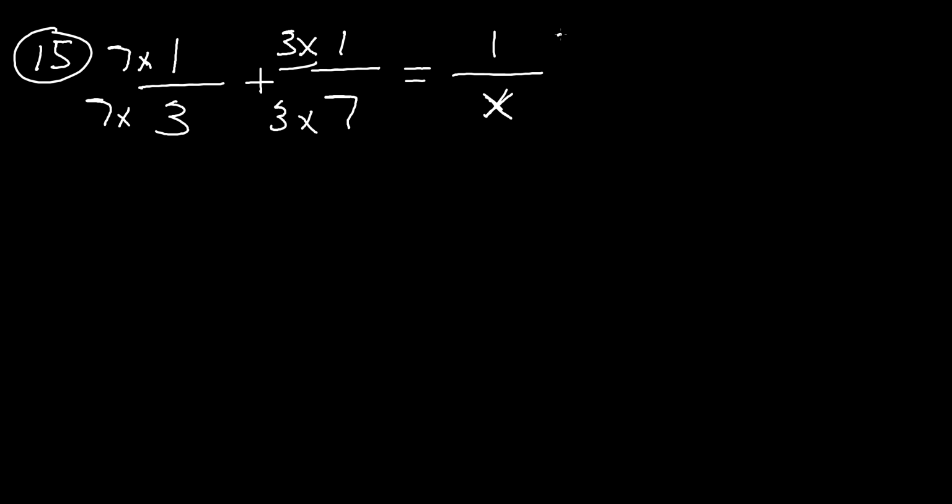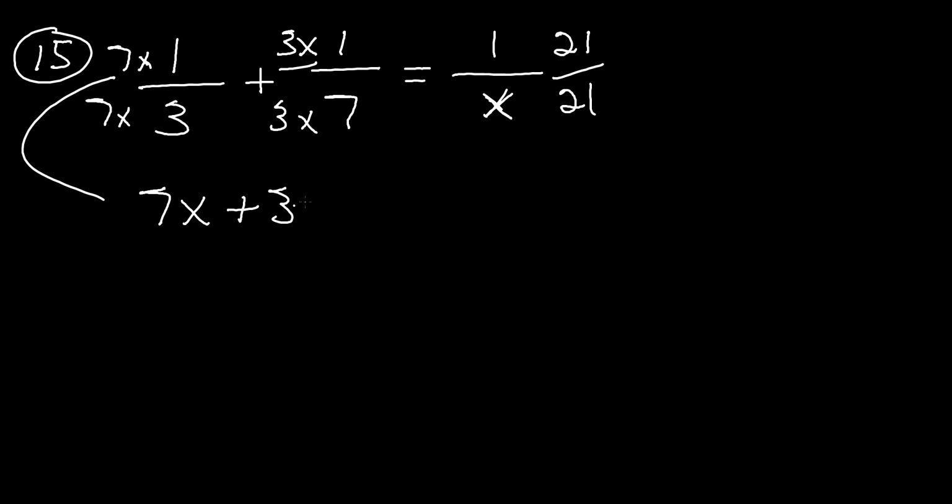And then the third fraction here, it's 21 over 21. And I can see I got my 21x in that denominator. Alright, so my equation then becomes 7x plus 3x equals 21. And 7x and 3x is 10x, equaling the 21.